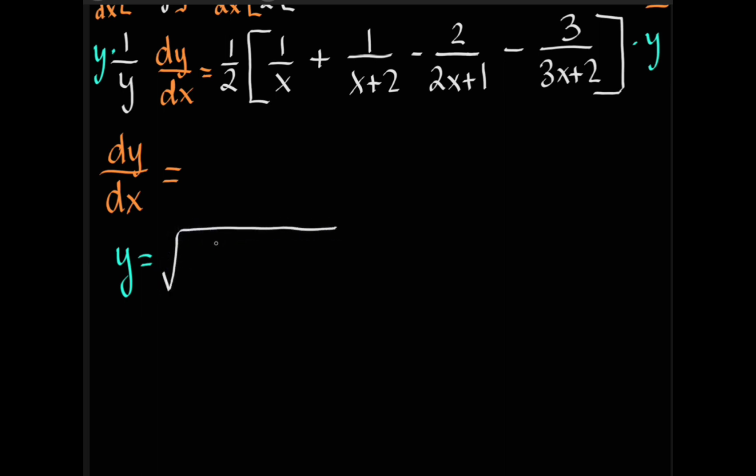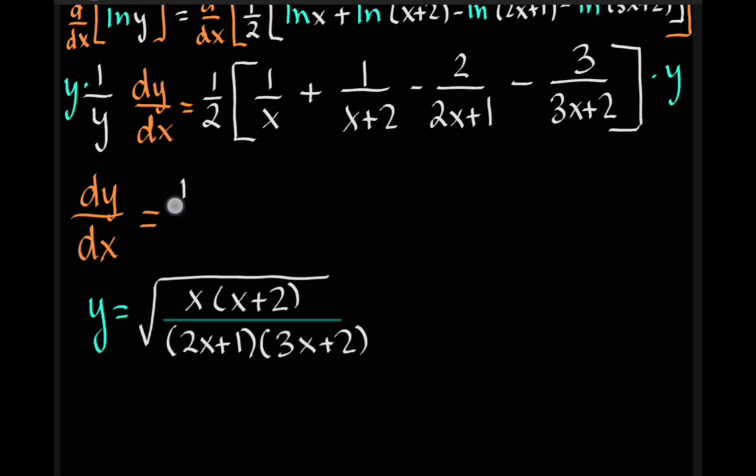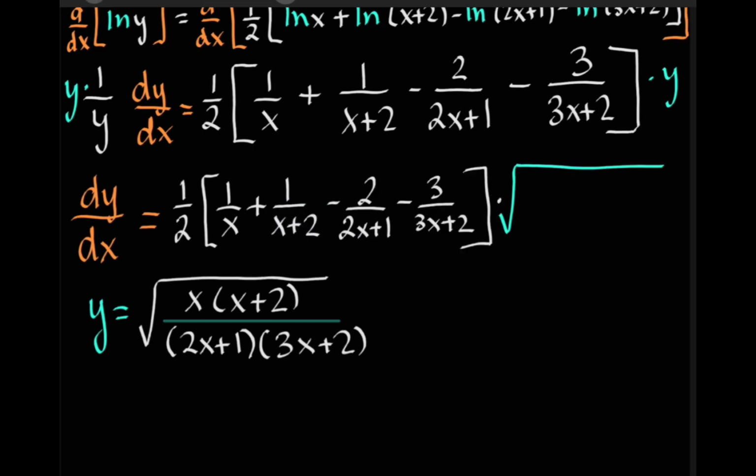That was our initial equation to begin with. That means we're going to take this y value and substitute it in place of that y there. And then we will be done with our derivative. So it'll be multiplied by everything under that square root. So that square root and everything underneath it.